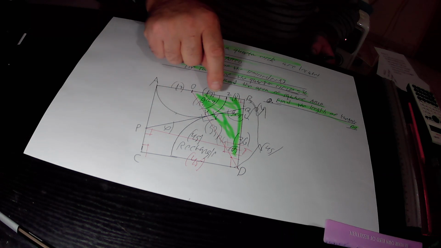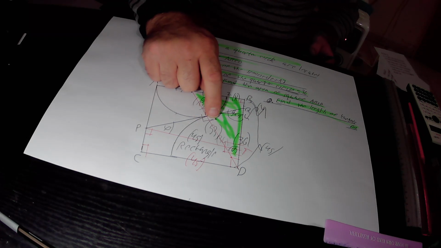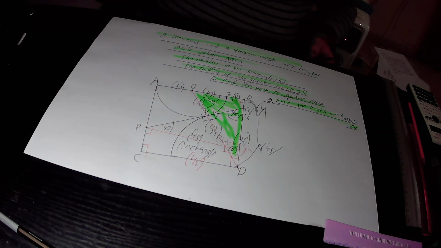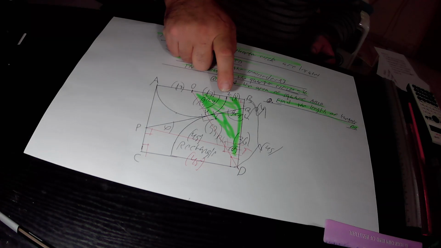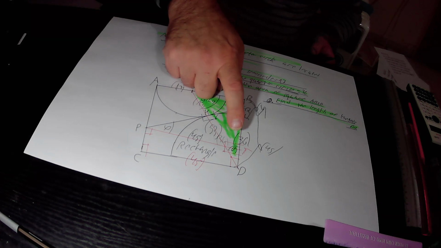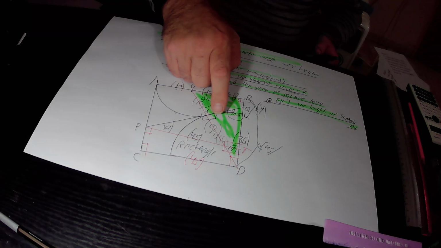If PQ is perpendicular to KD, it means that this angle equals 90 degrees, and this angle also equals 90 degrees. So in this green small triangle QKD, this angle equals alpha, this angle equals 90 degrees, therefore this other angle must be equal to 90 degrees minus alpha. Why? Because 90 degrees minus alpha plus alpha is 90 degrees, and 90 degrees plus 90 degrees is equal to 180 degrees, the sum of the angles in a triangle.